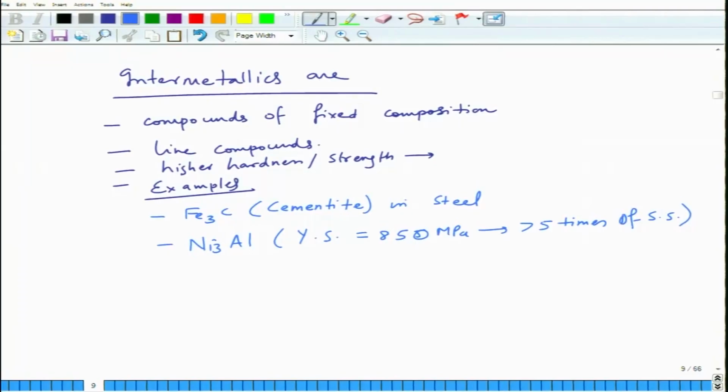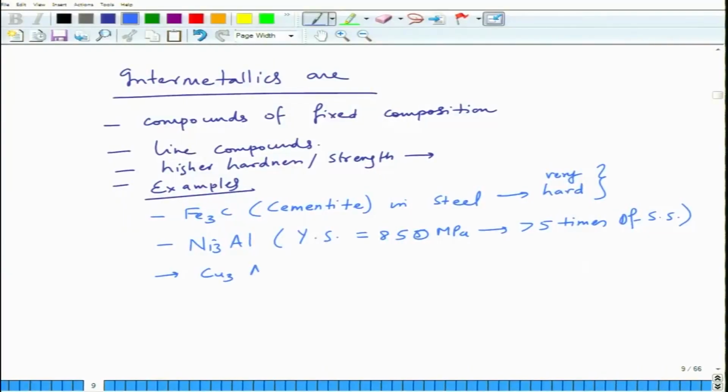Similarly, cementite in steel is extremely hard. That is why we prefer high carbon steels for applications which require high hardness, and this high hardness comes from cementite. Similarly, you have things like Cu3Au.